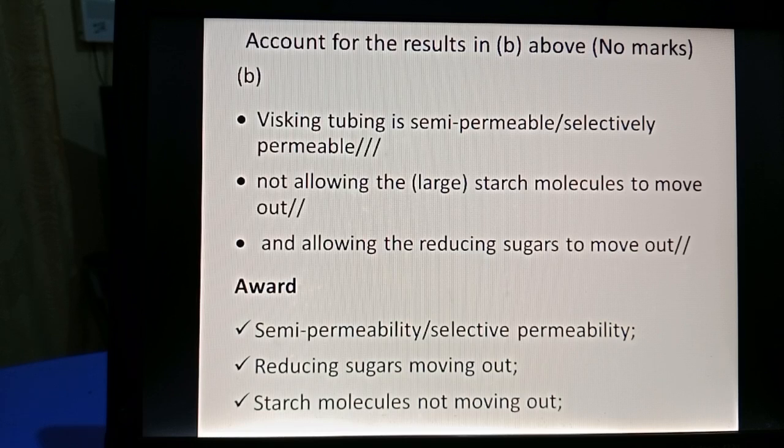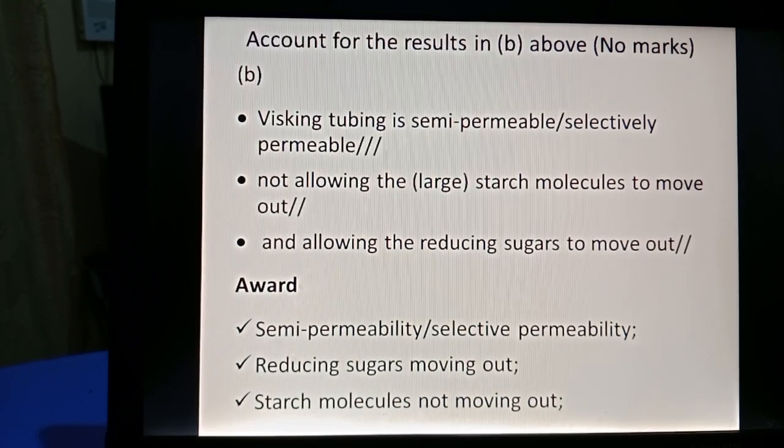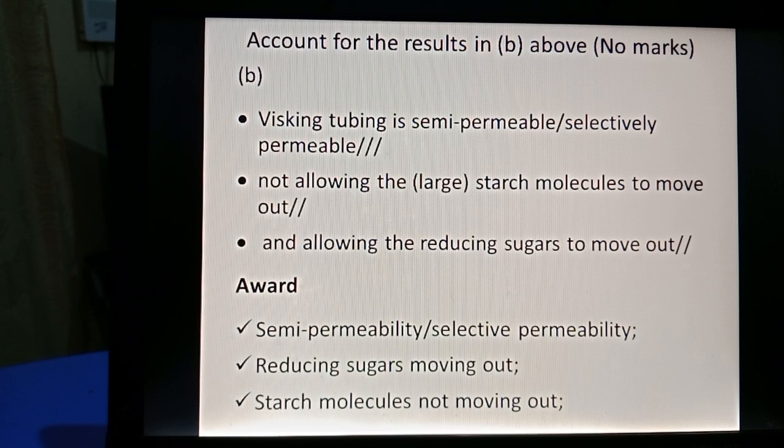Those are just equivalents because there are only 3 marks. I want semi-permeability, selective permeability, reducing sugars moving out, and the starch molecules not moving out to get your 3 marks.